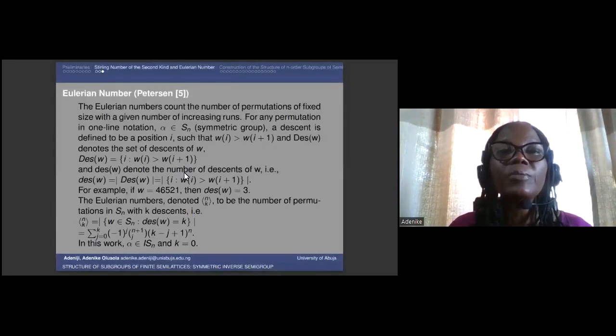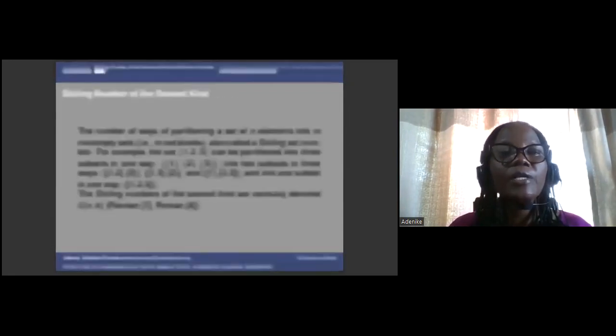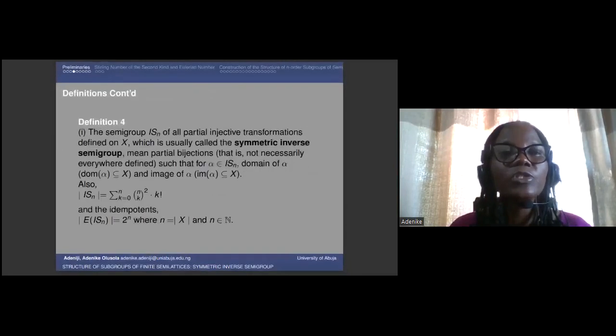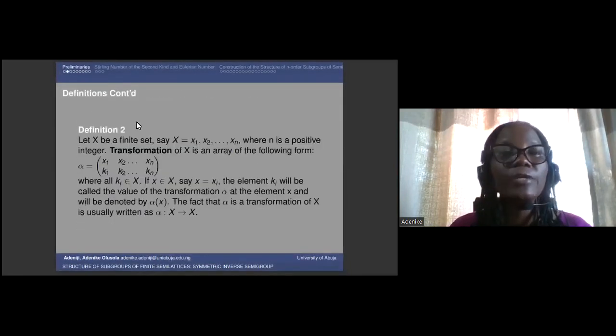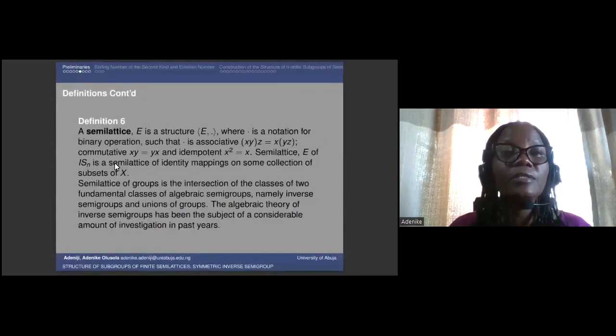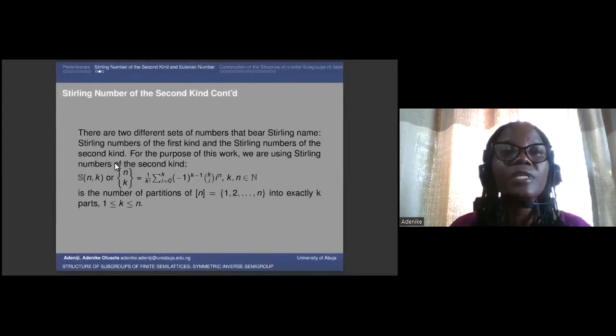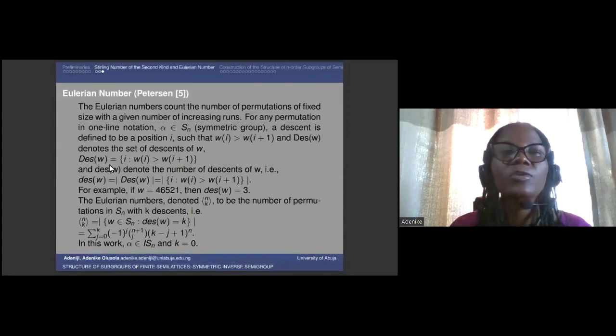The Eulerian numbers, on the other side, count the number of permutations of fixed size with a given number of increasing runs. For any permutation, we use one-line notation. The example I used previously used two-line notation, but here in Eulerian, to count the number of descents, we use one-line notation, and it's basically the image as it appears in the element.